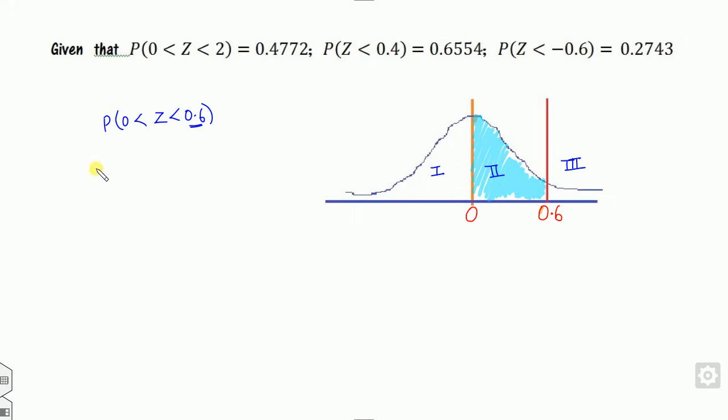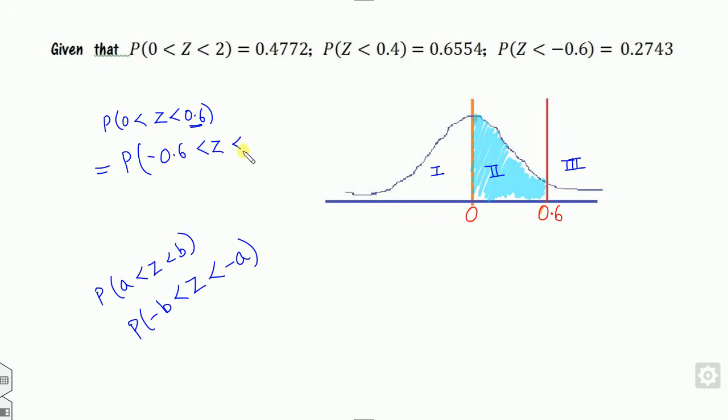So you have to write the opposite of this. What is the opposite is, if I say this is here, so the opposite of this is minus b less than z less than minus a. So what is the opposite is this here. So the area of both are same. If you write the opposite, then area is same.